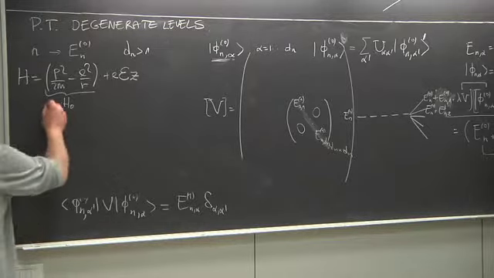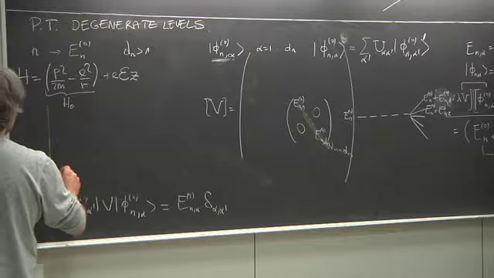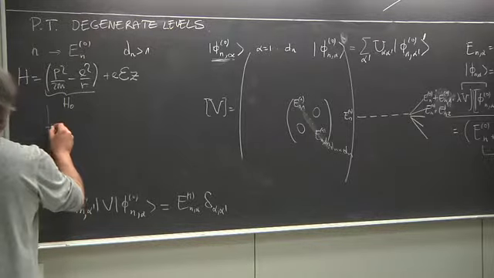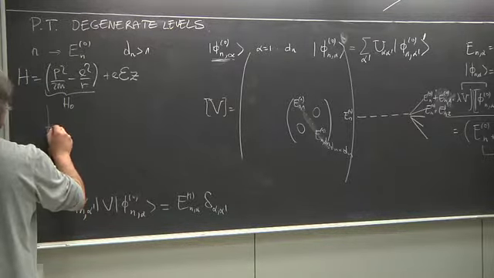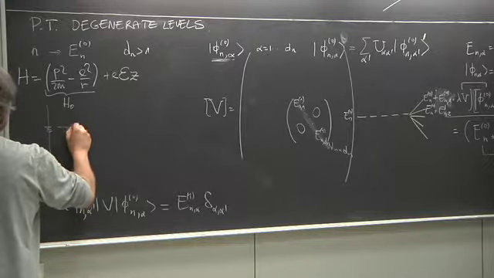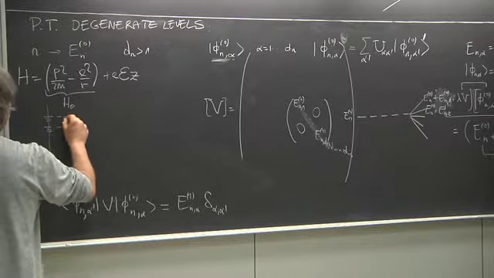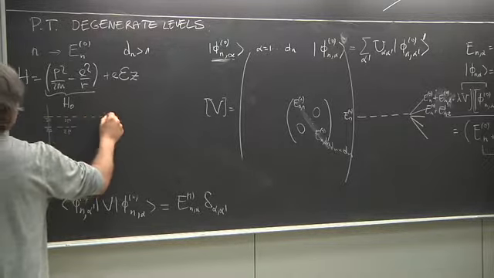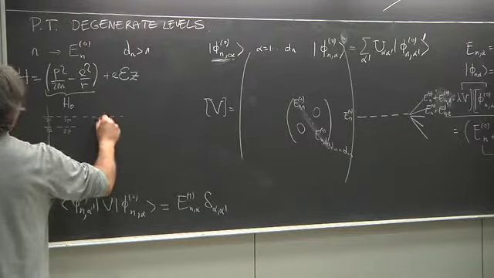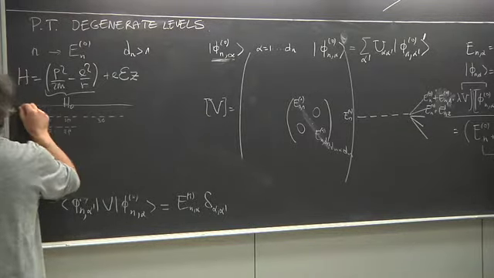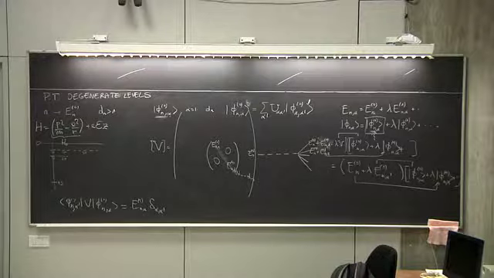So the spectrum would be the 1s, then the 2s and the 2p, and then the 3s, 3p, 3d, and so on and so forth, until you get to 0.